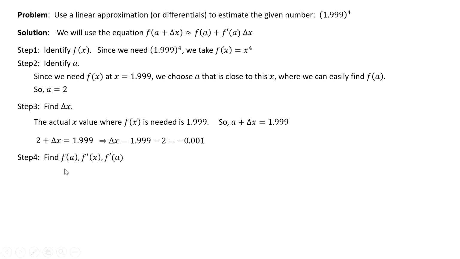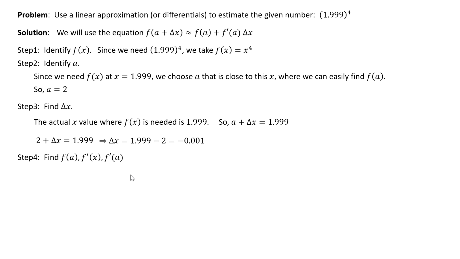First we need to find f prime of x, and then we can find f prime of a, right? That's the way to find f prime of a. Pay attention to what I'm about to say. You should never do something like this.